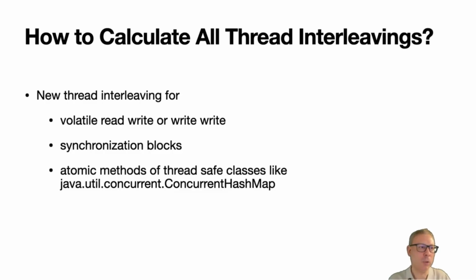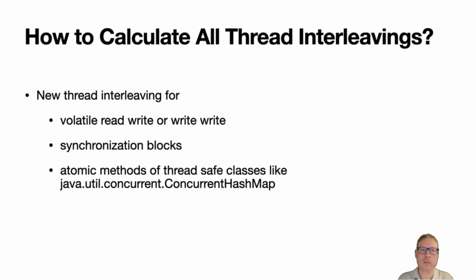We don't have to look inside the internals of those atomic methods. Similarly, if we look at synchronization blocks, we have the operation monitor enter, monitor exit, or monitor exit, monitor enter, but we don't have to look inside those operations and see how the synchronization block is implemented inside the VM.